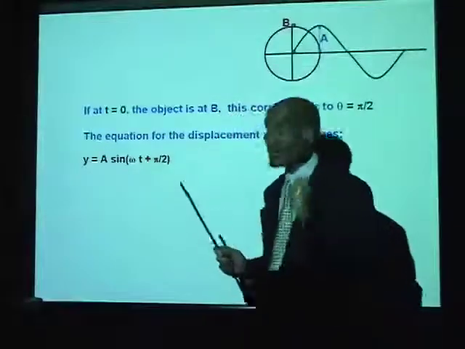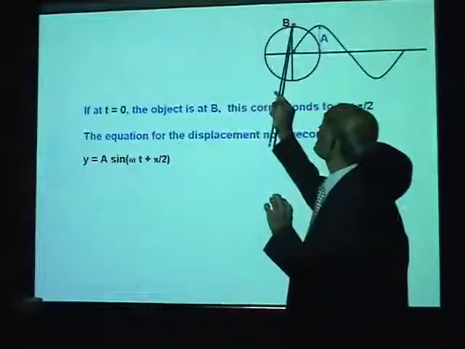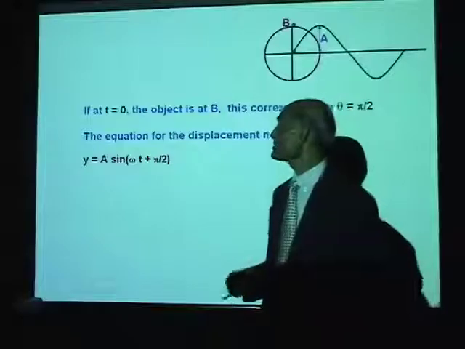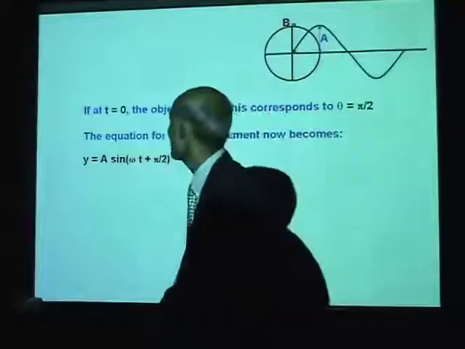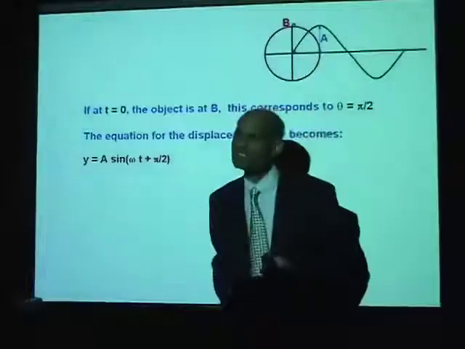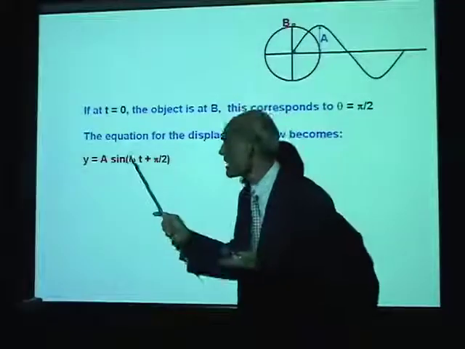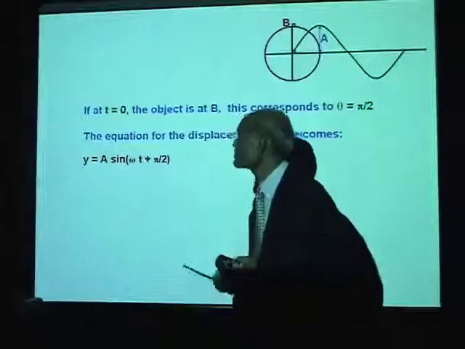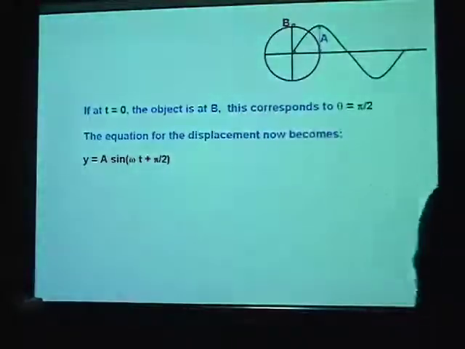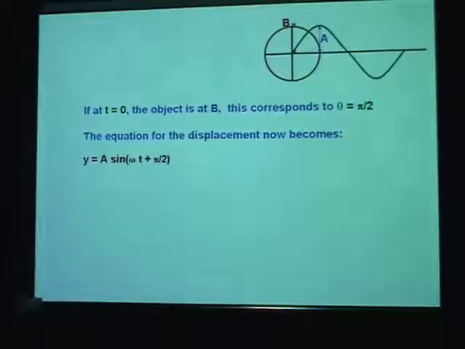But now, we started the clock when the object is at B. So, the equation now is y equal to a sine omega t plus pi by 2. If you know your trigonometry, anybody here knows your trigonometry well enough to tell me the expansion of sine omega t plus pi by 2? Do you want me to show that to you? Let me see if I can show that to you.